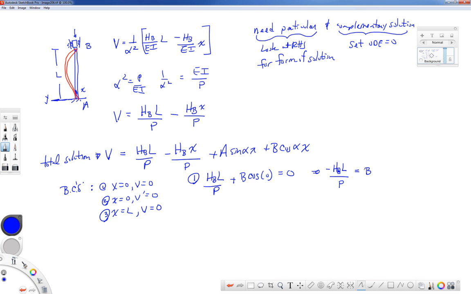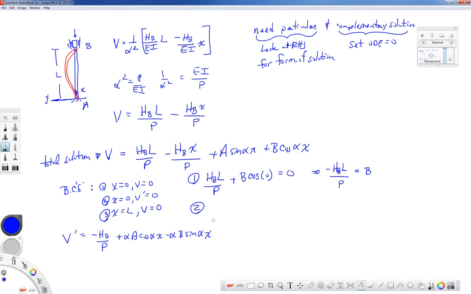Let's apply the second one. Now we need a derivative, so we need V prime. Let's write it down here. V prime would be equal to minus HB over P plus alpha A cosine alpha x minus alpha B sine alpha x.